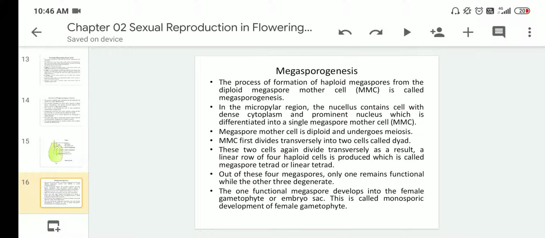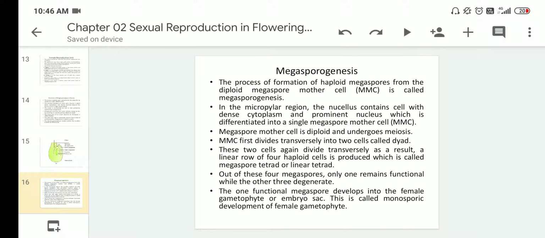In the micropylar region, the nucellus contains cells with dense cytoplasm and prominent nucleus, which is differentiated into a single megaspore mother cell, MMC. Remember, in the microsporangium there were a large number of microspore mother cells, and here only a single megaspore mother cell is available.